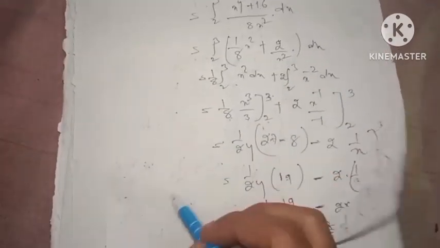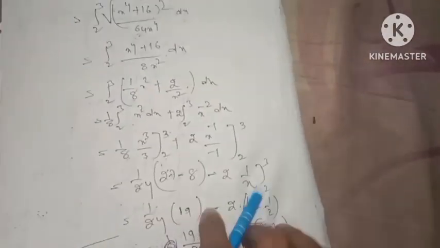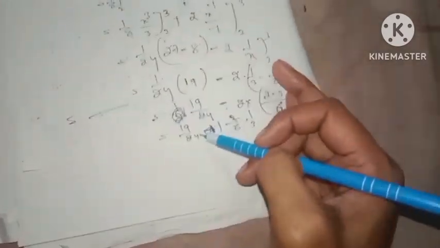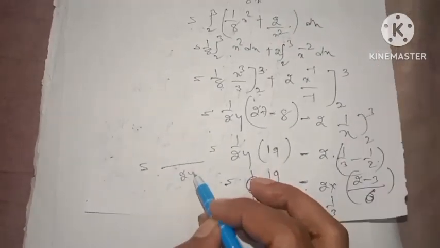So the LCM becomes 24 and 3. When you find the LCM, this is 24. Clear, this is 24, this is 3, because 2 by 6 is equal to 1 by 3. So LCM becomes 24.